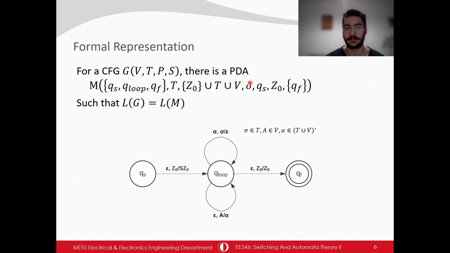And we should have these transitions that we discussed, and the start state is always the start state. The final states only consist of the final state, and we start with the initial stack symbol. If we do such things, then the language of the grammar should match the language of the PDA.